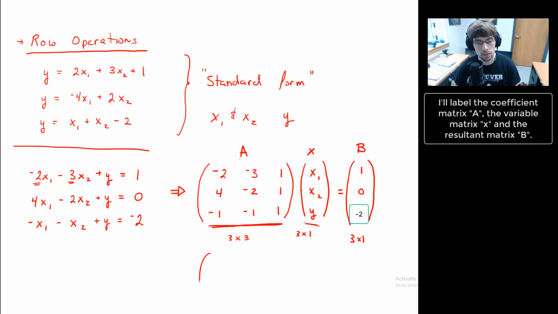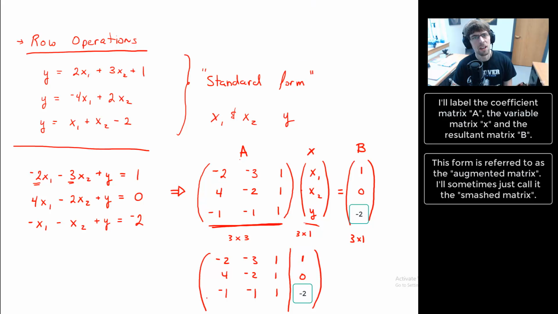What they will do is write matrix A, -3, 1, 4, -2, 1, -1, -1, and 1. So I've repeated the matrix A. You'll see some sort of vertical line, and then the matrix B, 0, 2, something like this. Again, that's because we're lazy. We don't want to have to write the variable matrix in there. I'm just warning you about that because then the row operations will make a little more sense.